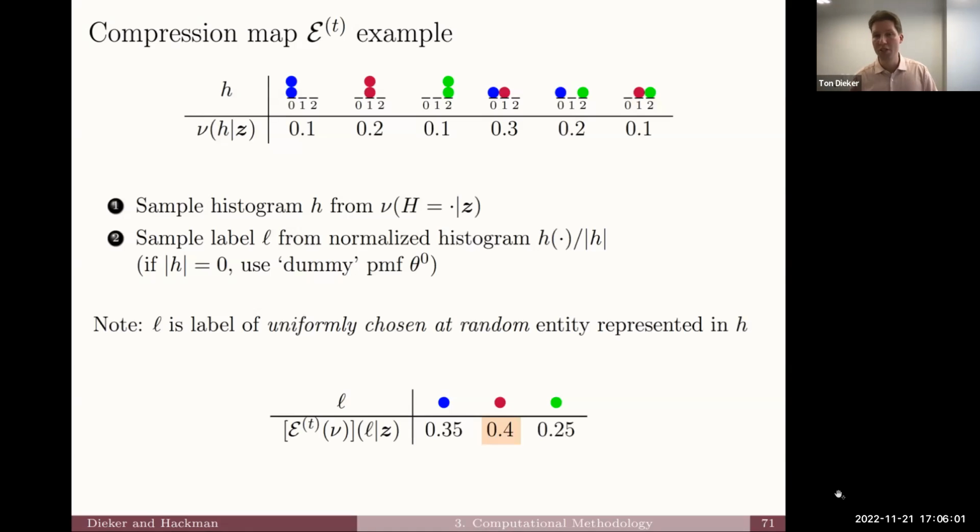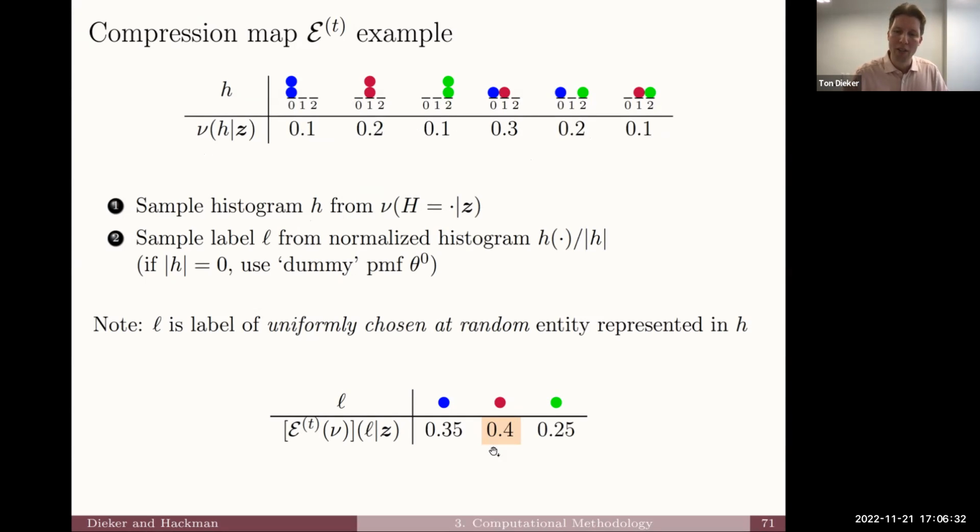Again, let's just do an example, right? How does this work? Here is a probability mass function on histograms of size 2 on 3 labels. What we do is we first imagine that we select a histogram. Once we select a histogram, we select the label with a probability that's proportional to the frequency. So a different way of thinking about this is that the label is chosen uniformly at random.